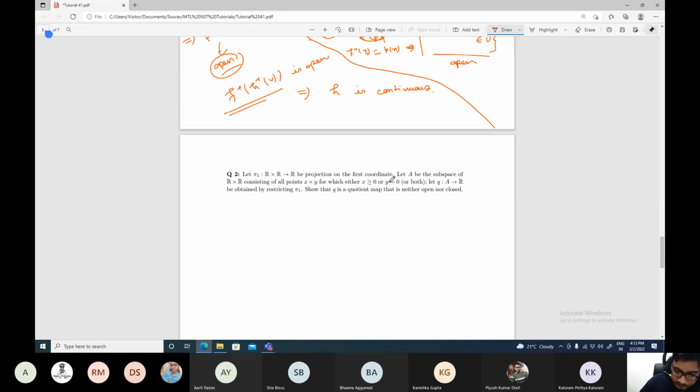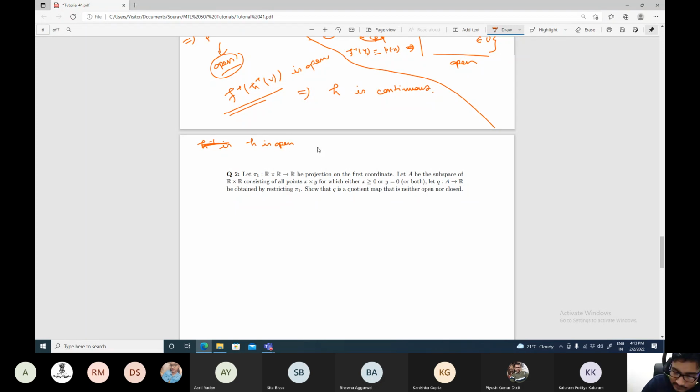Now the reverse one. Now H inverse is continuous, you have to prove, right? So H inverse is continuous means it is enough to prove that H is open. So what we will do?